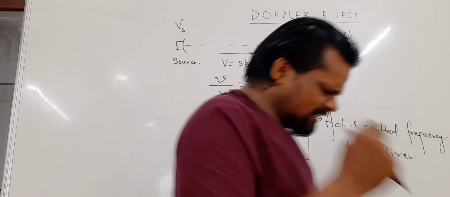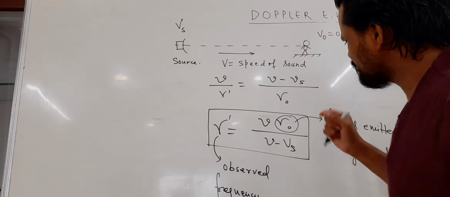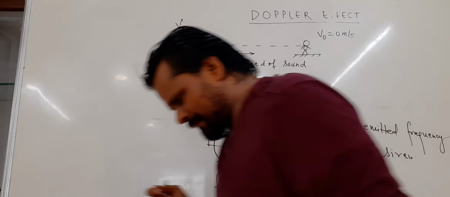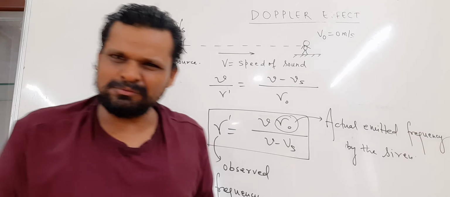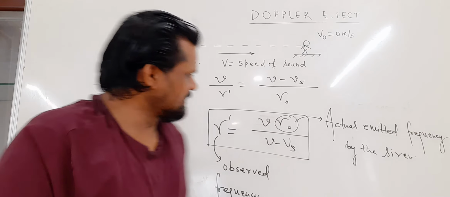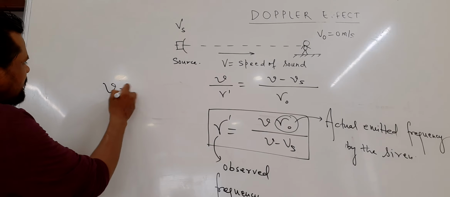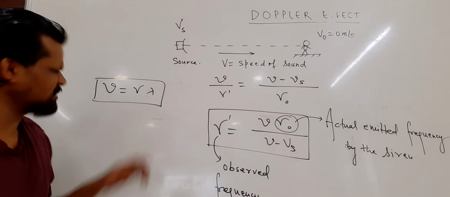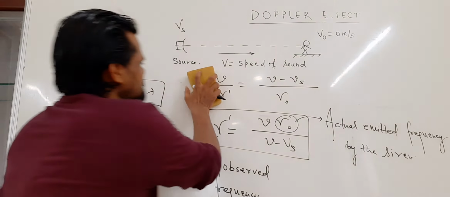Now we used here two formulas: speed of sound and frequency are related by the equation v equals nu lambda. This one is basic, but please pay attention here.